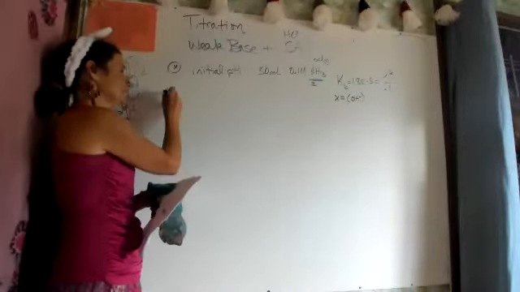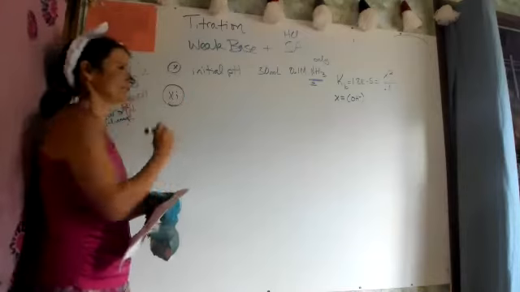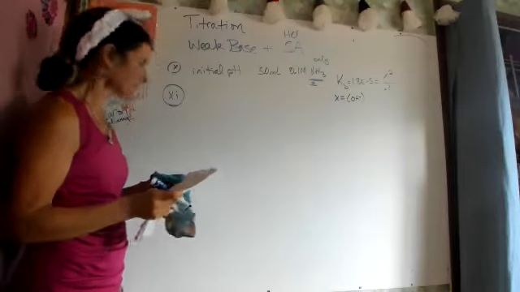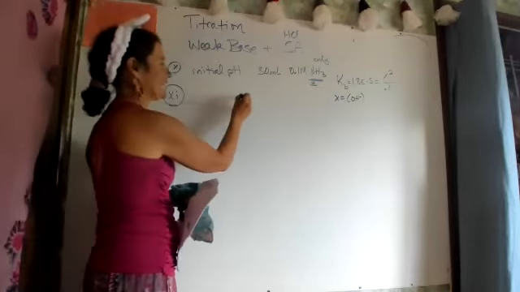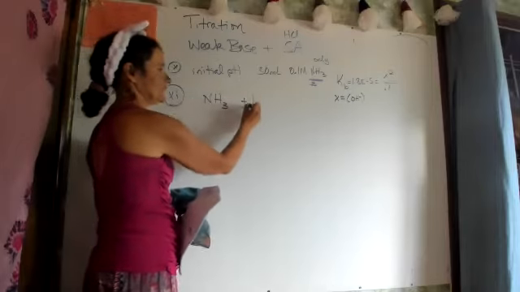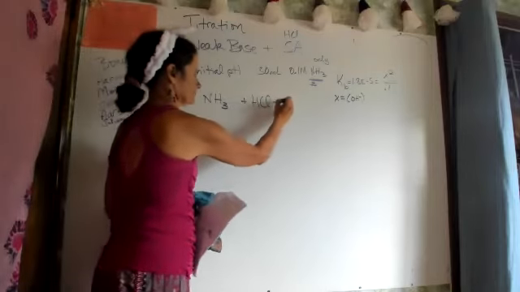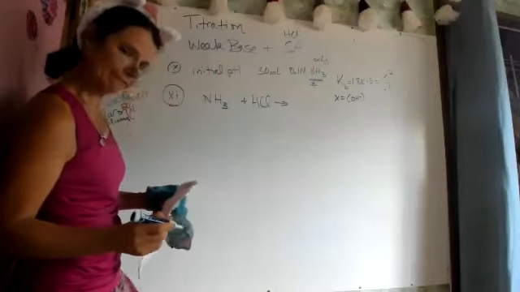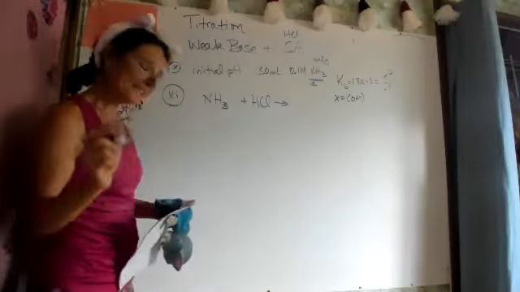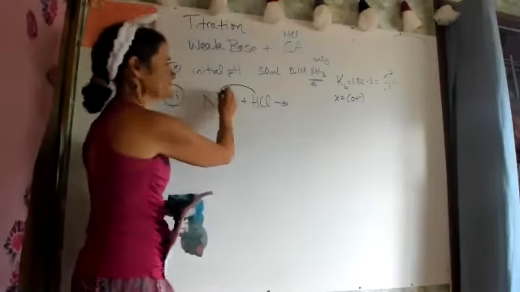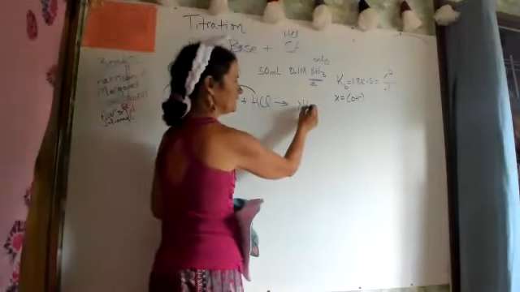So now we're up to the next step. And we're going to add HCl. So NH3 plus HCl. And go ahead and finish your equation. This one is interesting. The hydrogen, of course, moves over here and we get NH4.